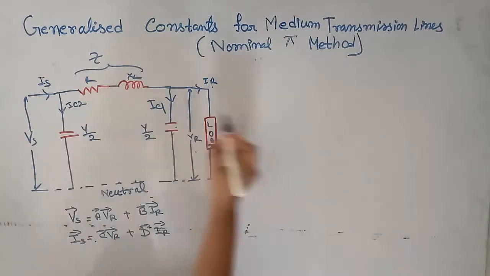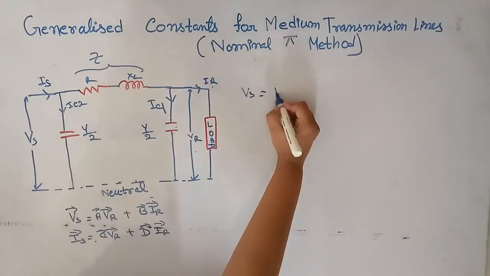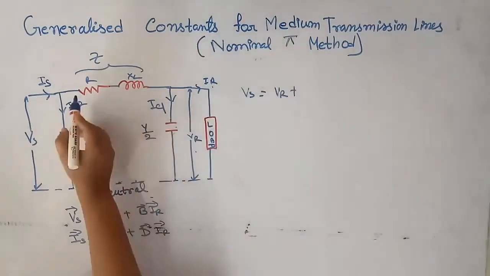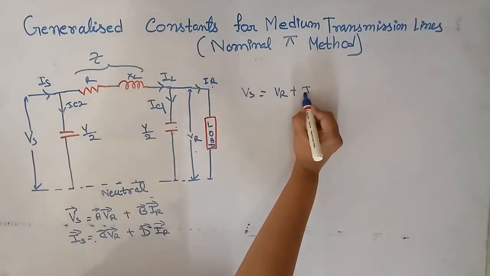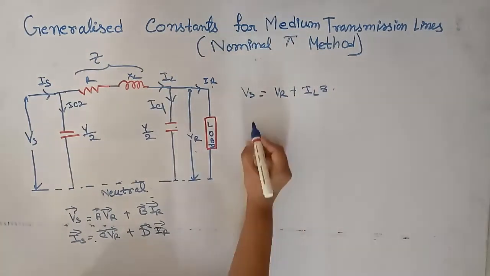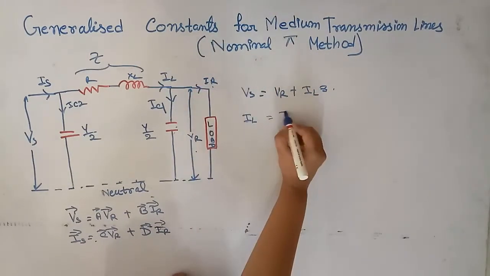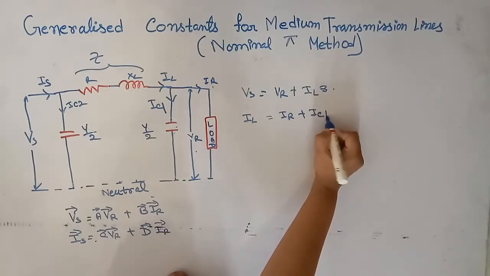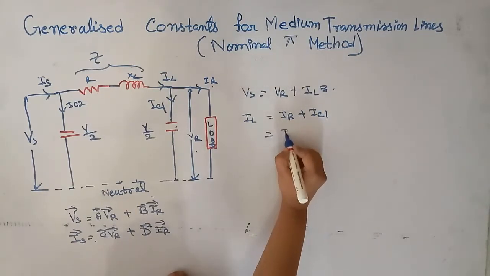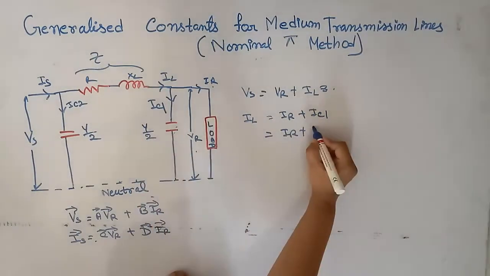Now we can write Vs is equal to VR plus this current IL into Z. Now IL can be written as IR plus IC1. What is the value of IC1? IC1 is equal to Y by 2 into VR.